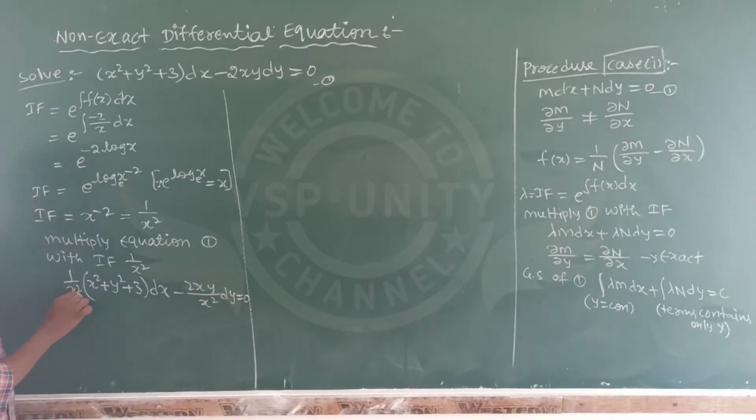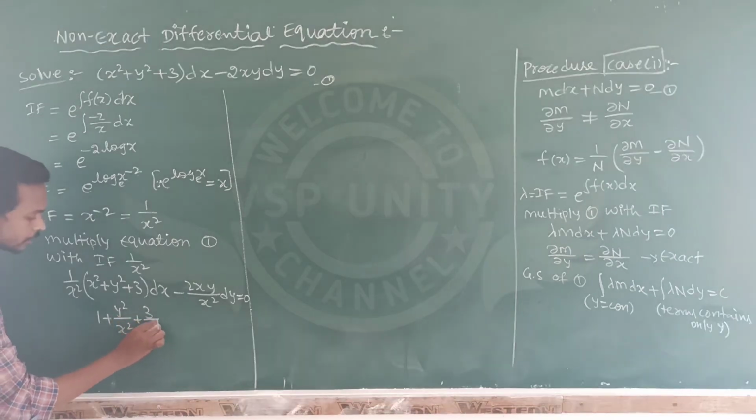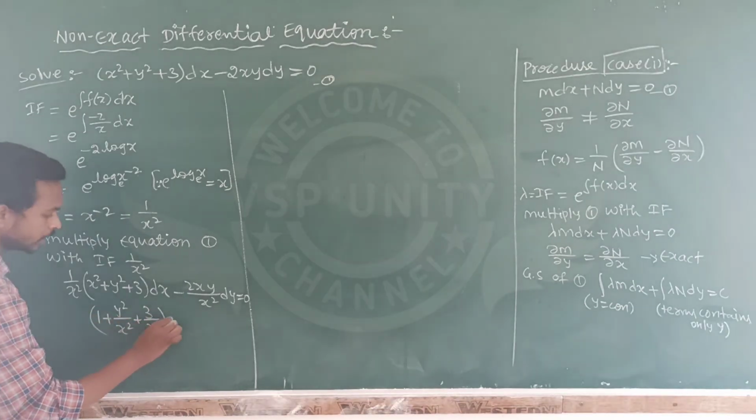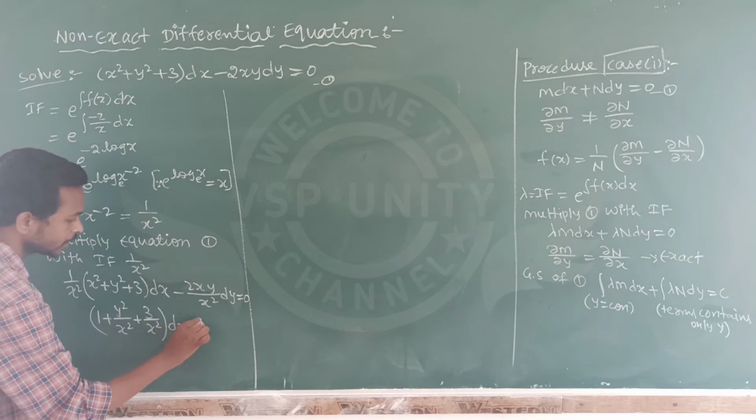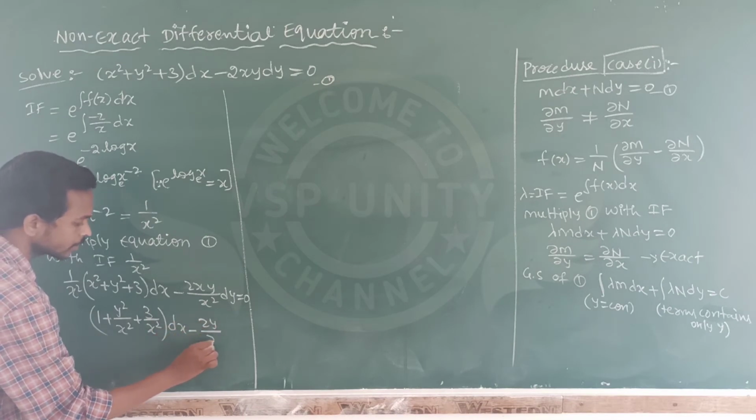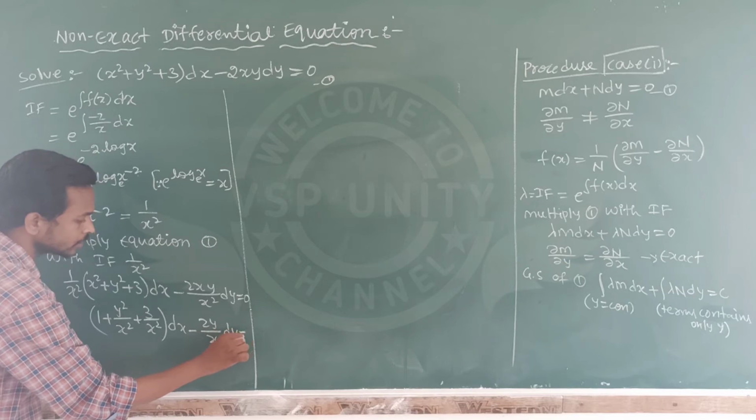So if you bring this inside, it will be 1 plus y square by x square plus 3 by x square into dx minus 2y by x into dy is equal to 0. It is equation number 2.